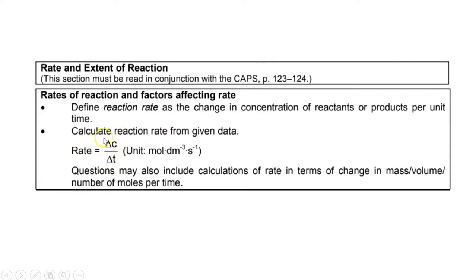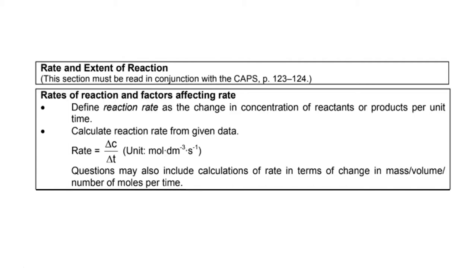This is a very interesting equation. In fact, I'm very hesitant to say there are mistakes in the exam guideline document, but as far as I know, this should be rate is equal to minus the change in concentration divided by the change in time. And just to confirm my suspicion, I had a look at the 2019 exam, and there was a calculation of the reaction rate. I actually have that calculation in this video as well.